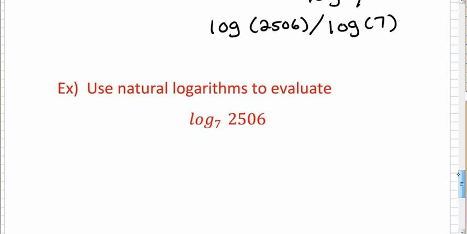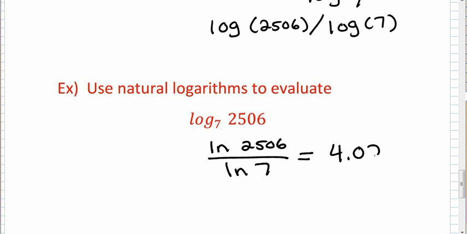Also, you can do natural logarithms with the change of base formula. You could go ln of 2506 over the ln of 7. You type that in your calculator, and you get the same thing. It's 4.02.